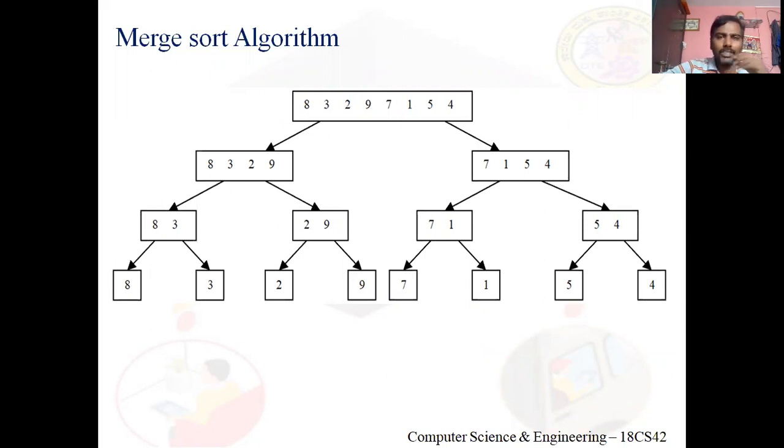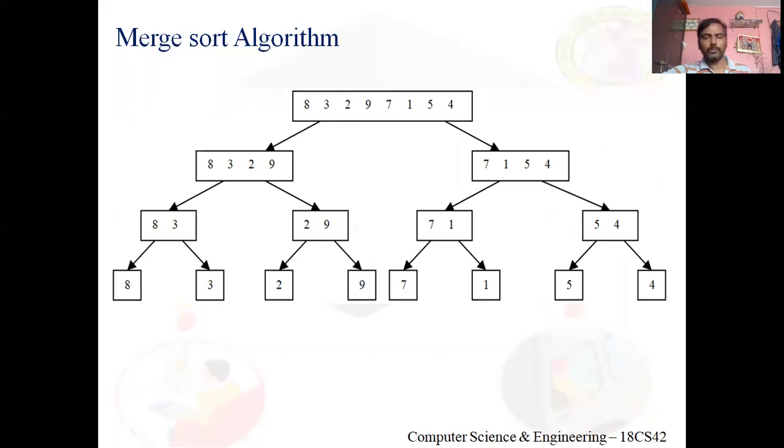I have not shown index variables like low and high, just think of them in your mind. Since there are 8 elements, I will start with index 0. So 8 is at index 0, 3 is at index 1, 2 is at index 2, 9 is at index 3, and similarly the last element 4 is at index 7.